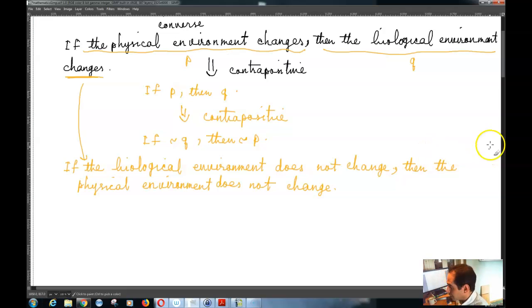So now let's go and do a couple more examples here. You want to write the contrapositive of the following statements. And of course we don't have any. Okay.